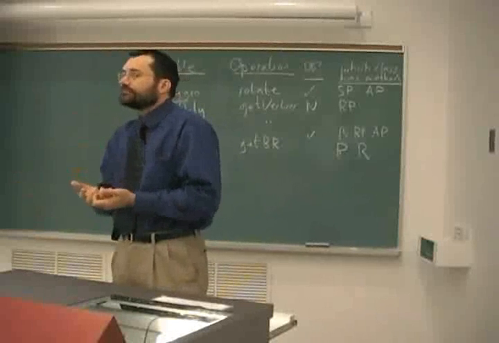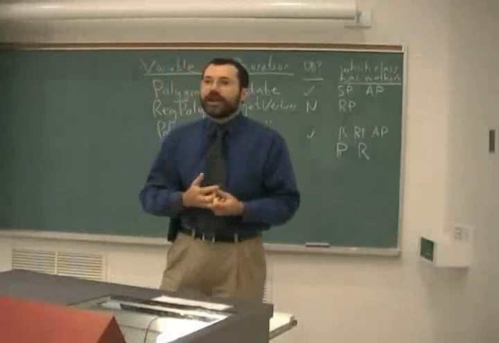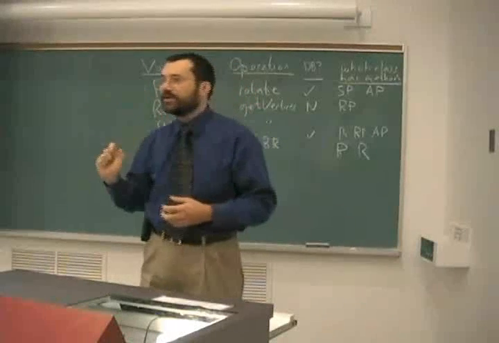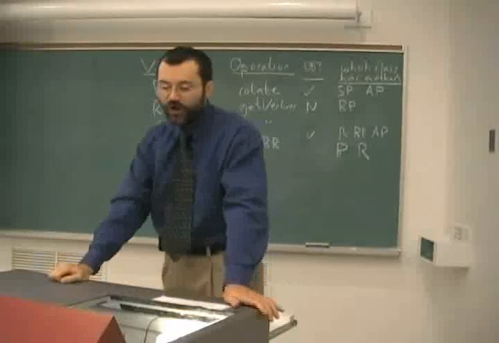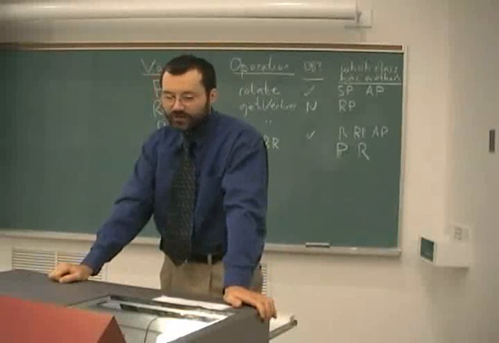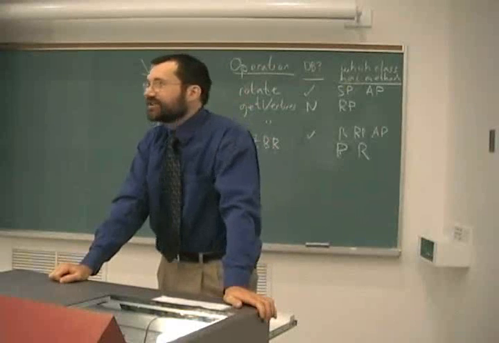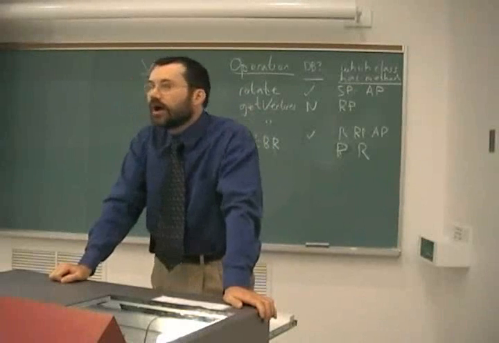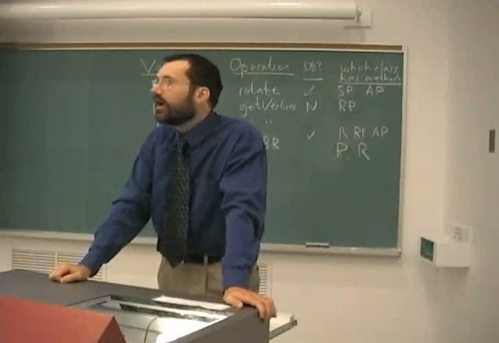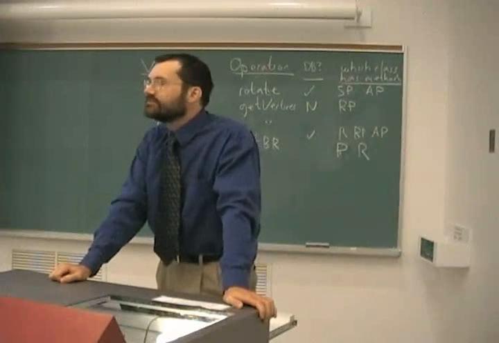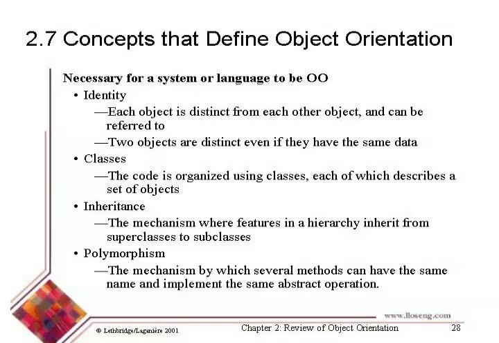Some languages have a numeric number associated with each object that you can compute with. In C++, you can actually take the address of objects. It's probably not a good idea, because you end up with a lot of machine system dependencies, but it's a possibility.